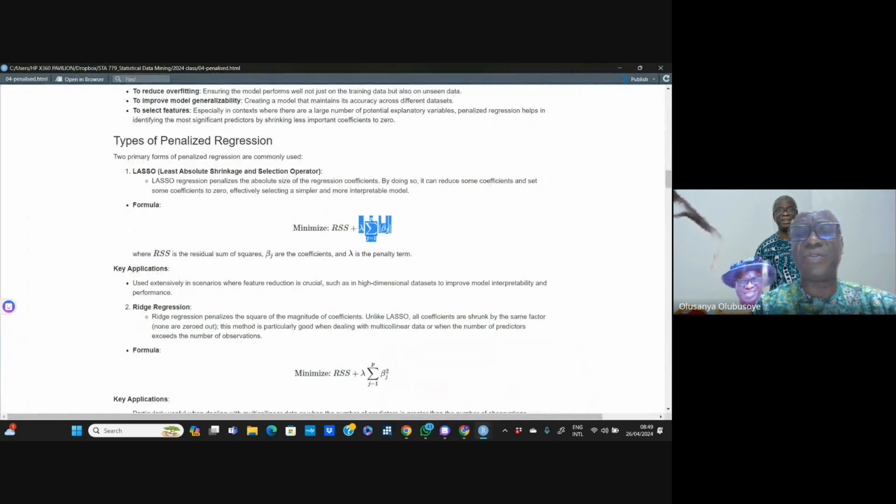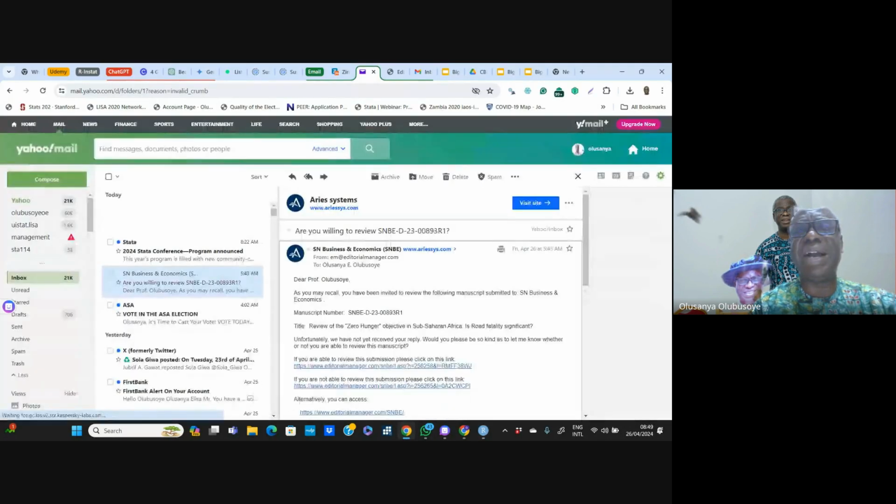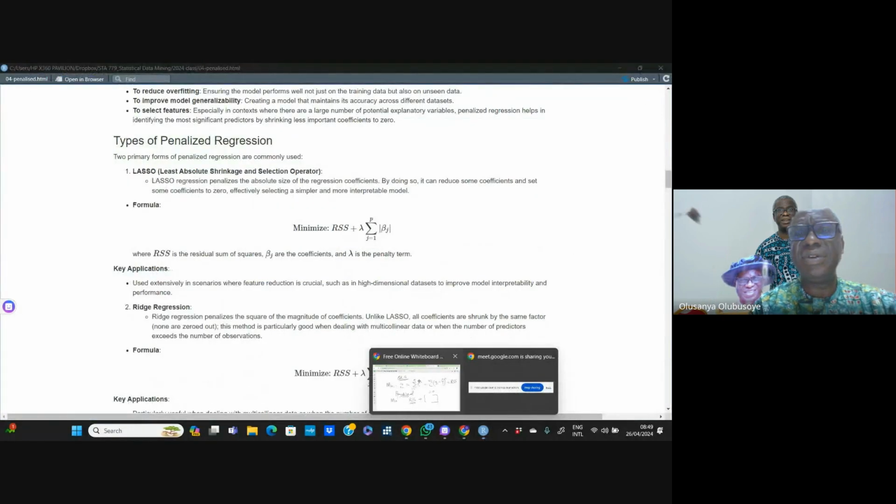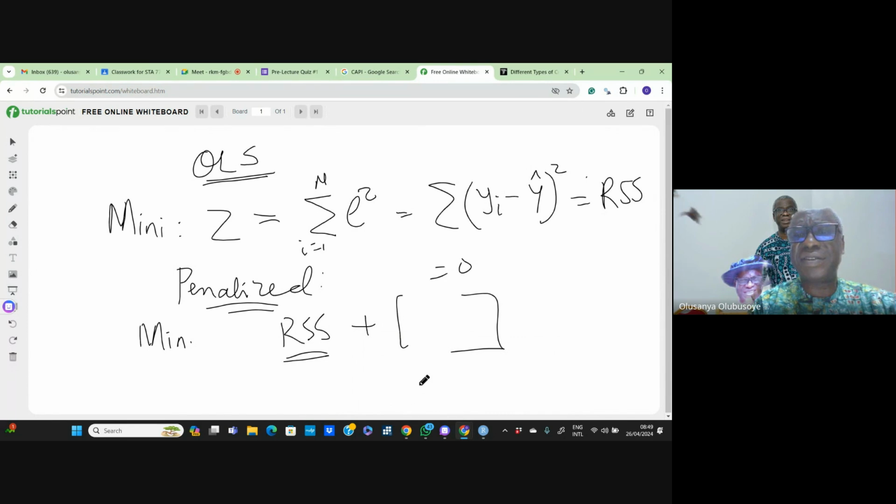That's the point I want to make here. So we are minimizing the residual sum of squares plus this other component, and that component is what I want you to look at very carefully. There is a parameter here called lambda.